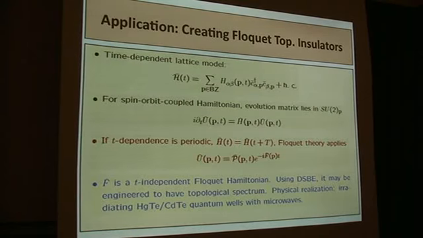I don't know the answer. What we have looked at is that you start with a non-topological Hamiltonian. You add to it a time-dependent term, which on average is zero. However, it drives it into a topological state, and if you solve exactly the corresponding problem, it does have edge states, it does have all the hallmark properties of the topological insulator. That's the only statement I can make.